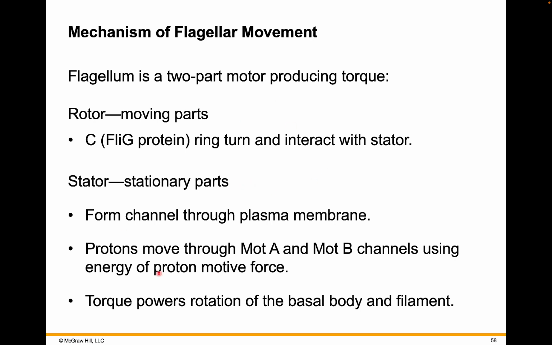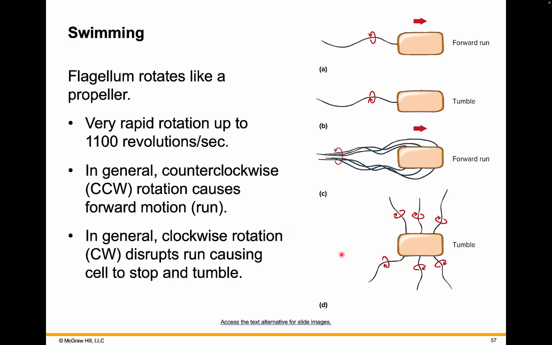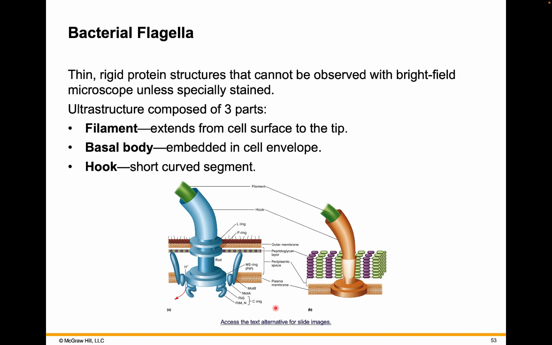Here, as I already talked about, the flagellum is a two-part motor producing torque. The rotor is the moving part, and this is made up of the C or FliG protein. The ring turns and interacts with the stator. The stator is the stationary part and forms a channel through the plasma membrane, with the help of the MotA and MotB channels that we just saw.